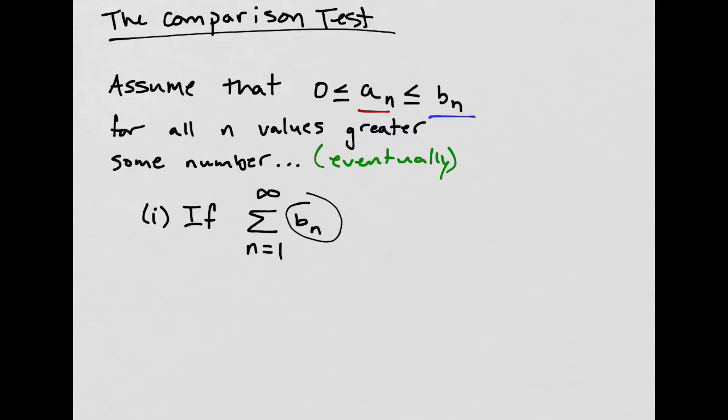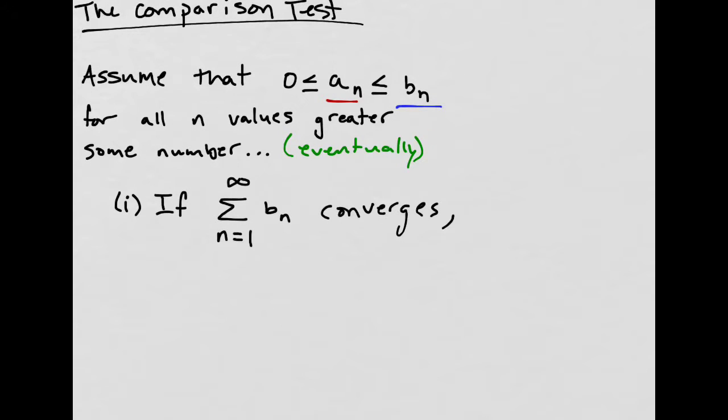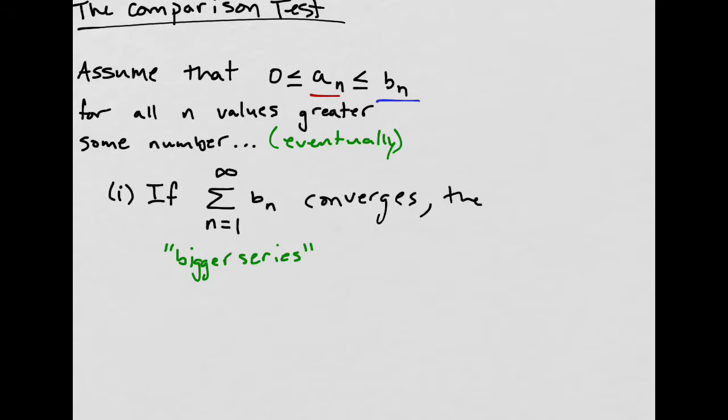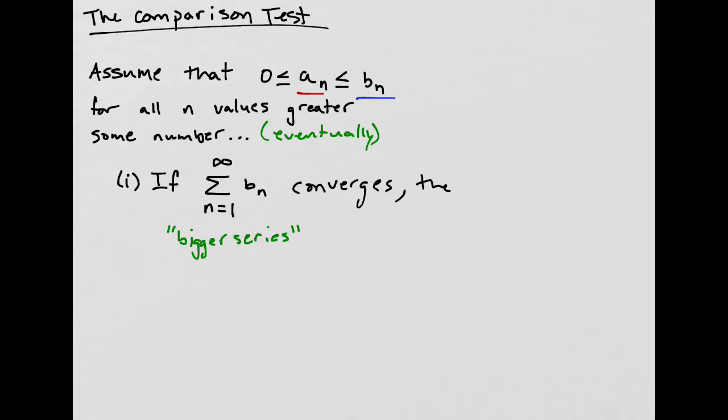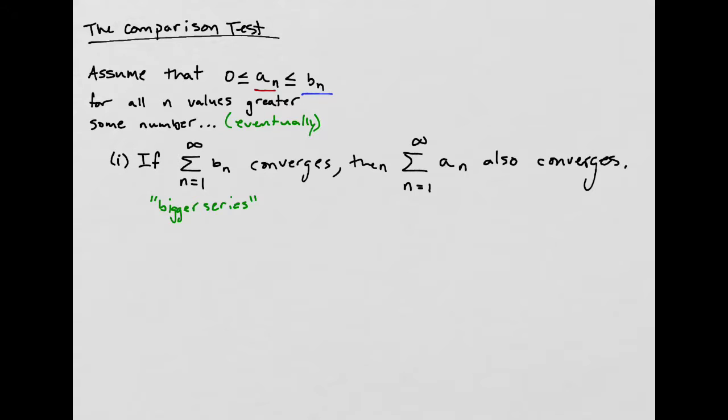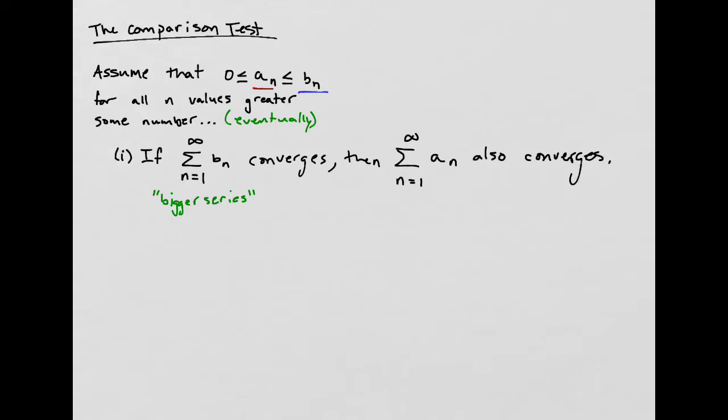If this series, because I put the summation in there, if the bigger series converges, maybe I'll write that in green, then the smaller series has to converge. So that's the first part. If B sub n converges, then A sub n also converges. If the bigger series converges, then the smaller one has to.